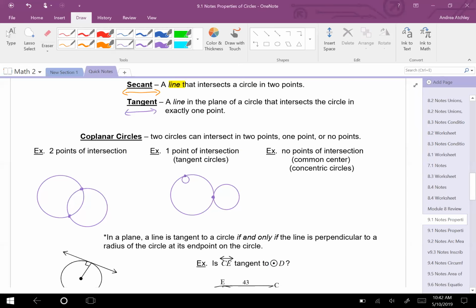And then we can have circles that don't intersect. They can have a common center, or concentric circles. So you can have two circles that don't intersect, like this one doesn't intersect with this one. Or you can have concentric circles. This is harder for me to draw.